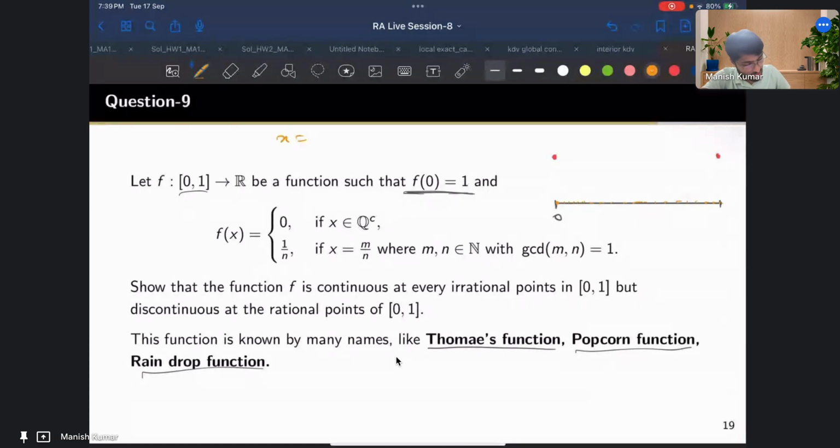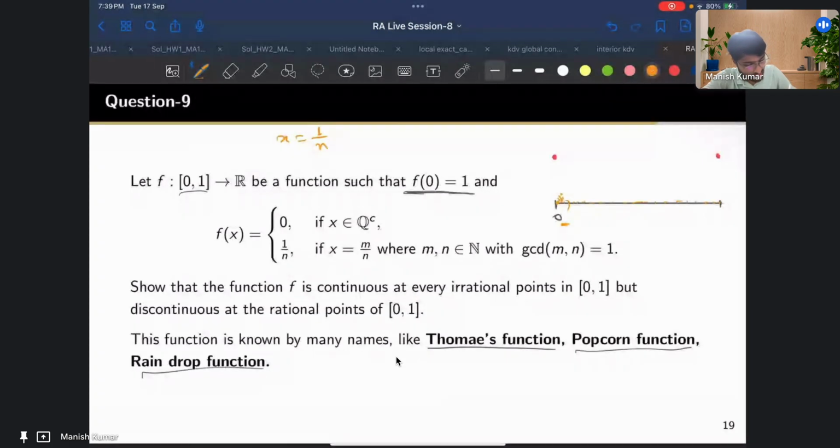Suppose I'm choosing m to be 1. Then 1 by n is in the neighborhood of 0, correct? So the functional value is going to be 1 by n, which is very small. Suppose I'm taking n to be very large, so that it becomes very close to 0, then the functional value will be very close to 0, right? This is how it will look. It will be very dense.